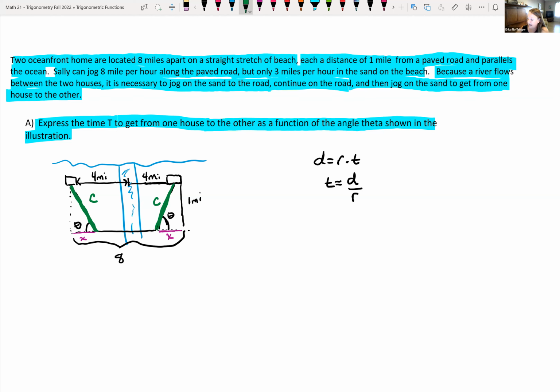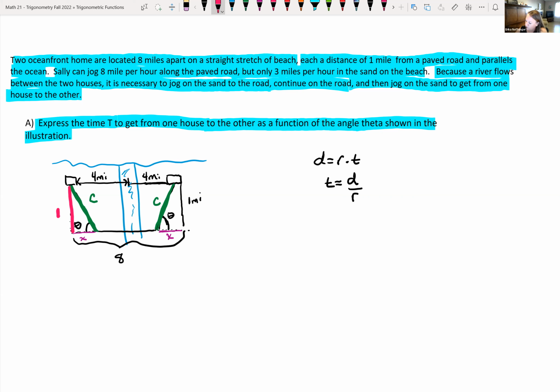We're given that from the house down to the road, this length here is 1. So if we look at theta, we have the opposite of theta and we have the hypotenuse. Opposite and hypotenuse tell us that we're going to use sine.